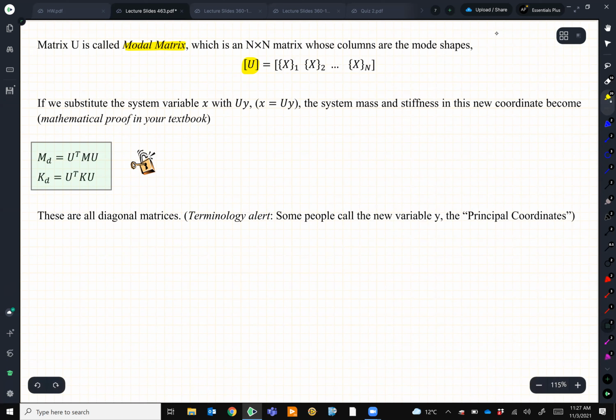And they will be all diagonal. Remember when I showed you the matrices, I said, well, they are not diagonal because they are coupled, but if we transfer them to these new matrices, which we will show by MD, meaning mass diagonal, and KD, stiffness diagonal, they will be diagonal.